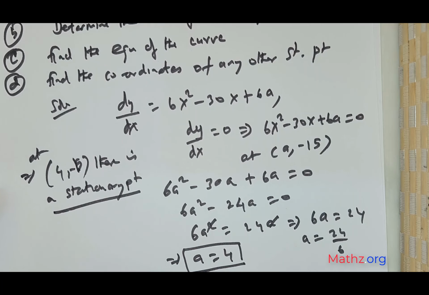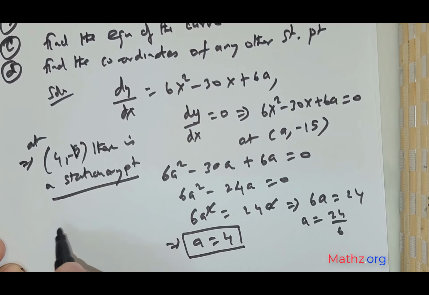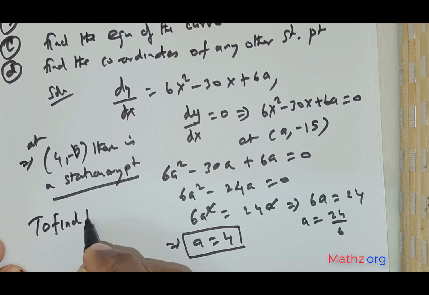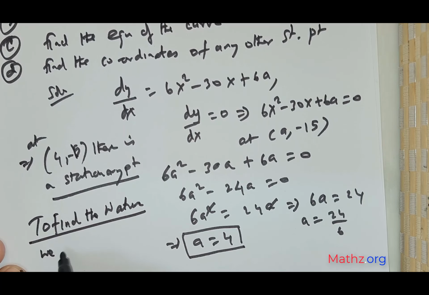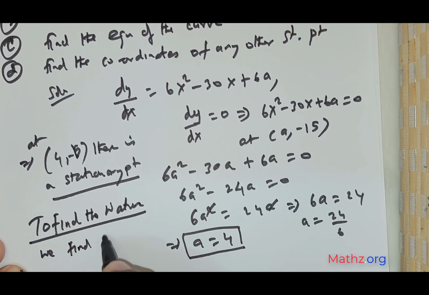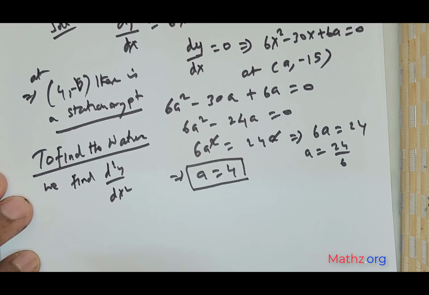For that we need the following substitution. To find the nature of the stationary point, we find d²y/dx². So we need to get that first.